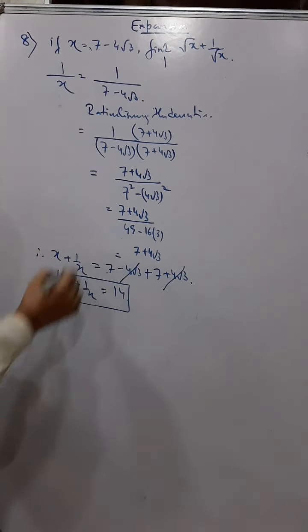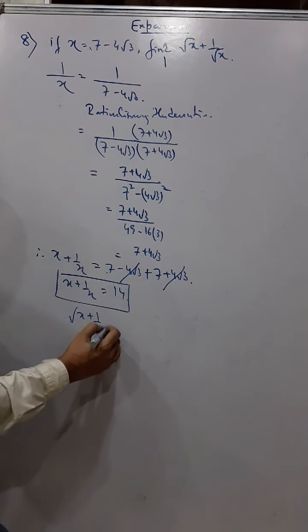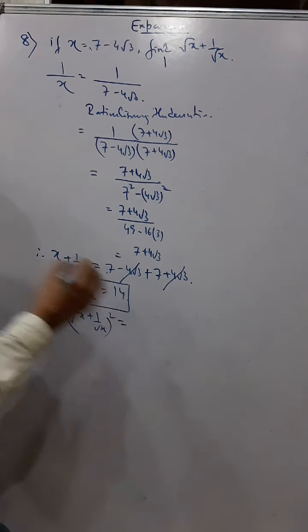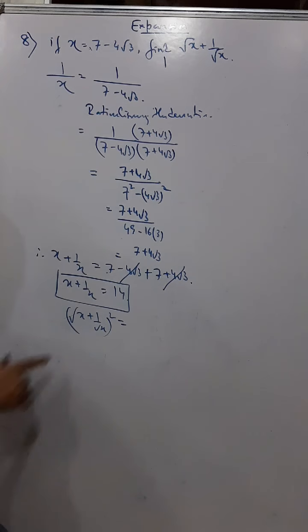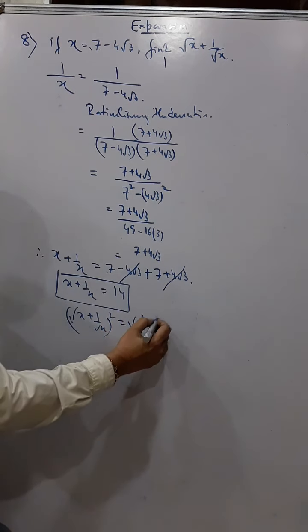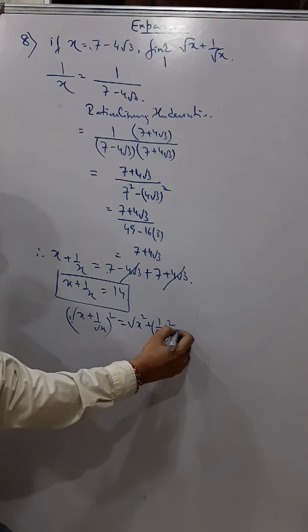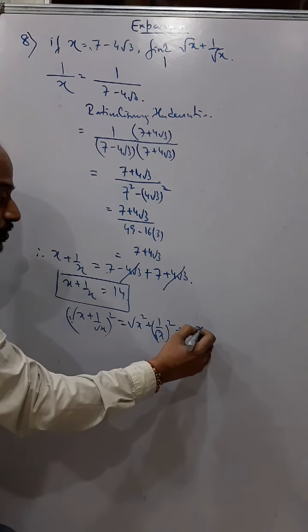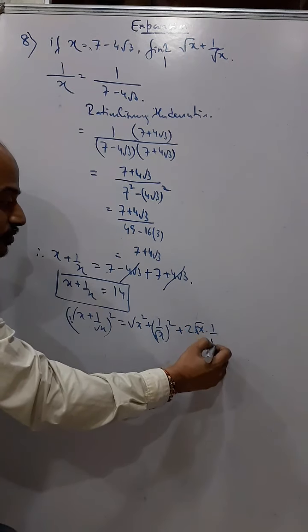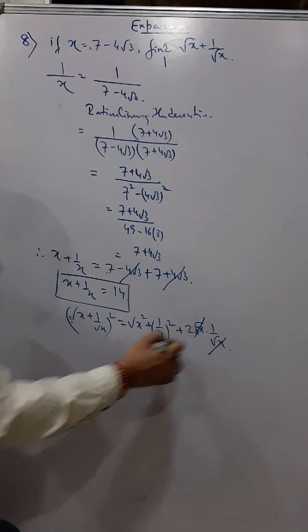And now what will I get? I will first get root over x plus 1 by root over x, whole square. That's a plus b whole square. So I got a square plus b square and plus 2 into a into b. So here root x and root x are getting cancelled.